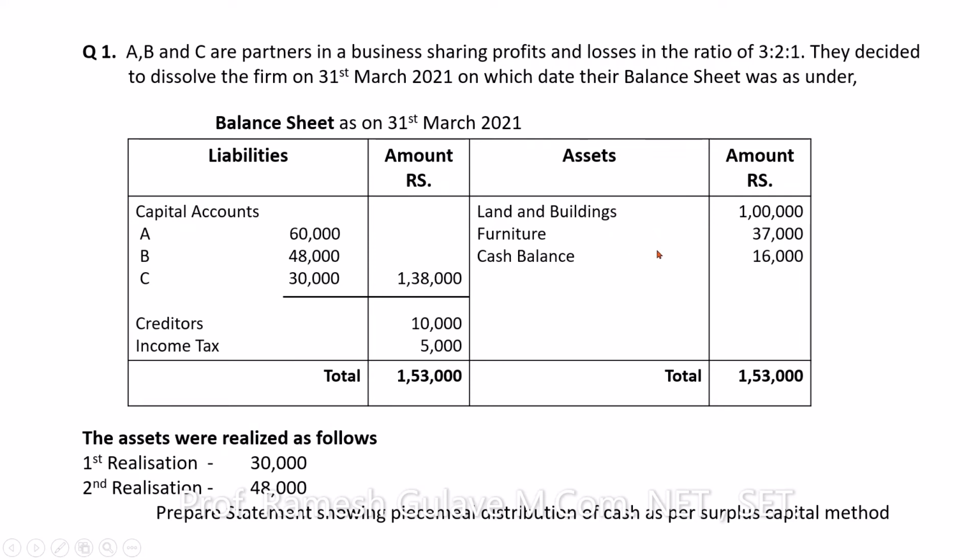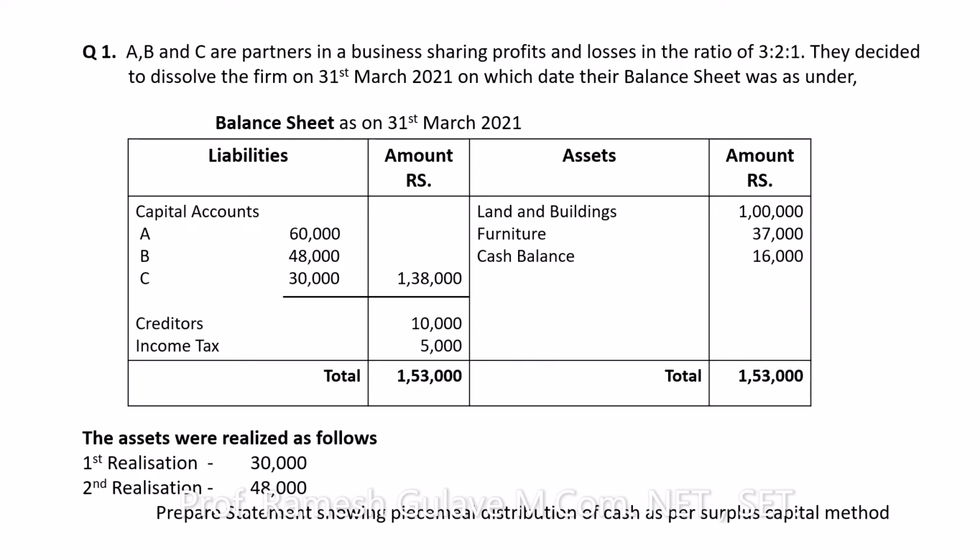Now, as this firm is being dissolved, the assets are sold. Below the balance sheet, it is given that the assets were realized as follows: the first realization was of rupees 30,000 and the second realization was of rupees 48,000. So here assets are sold in two parts or two installments.